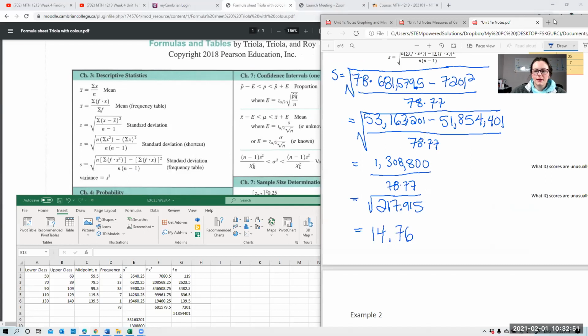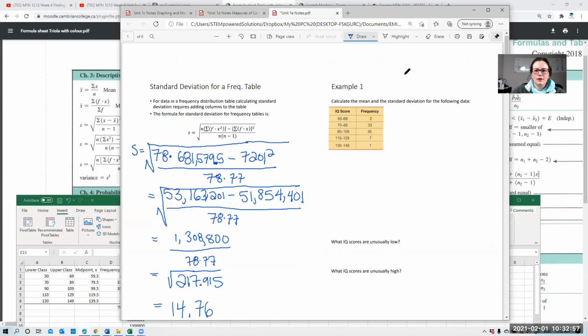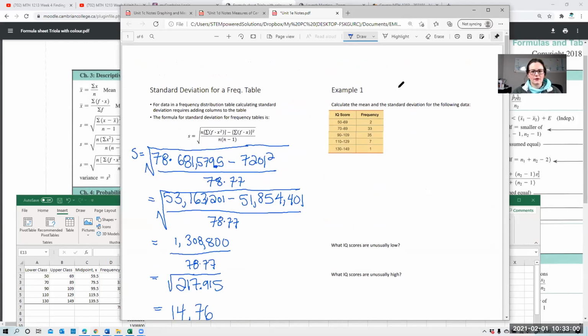Likewise, we could calculate the mean from the frequency table. If I was to ask you to calculate the mean from the frequency table, that's what this would look like: f dot x over the sum of the frequencies.